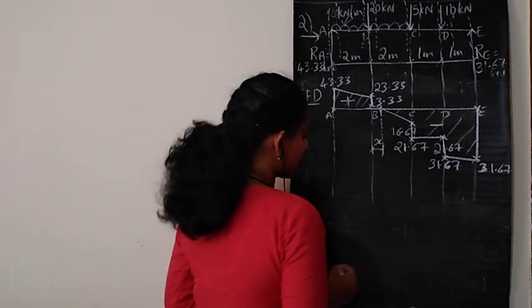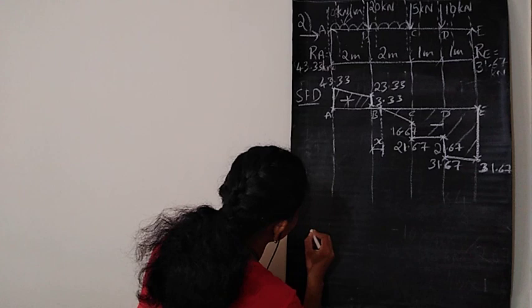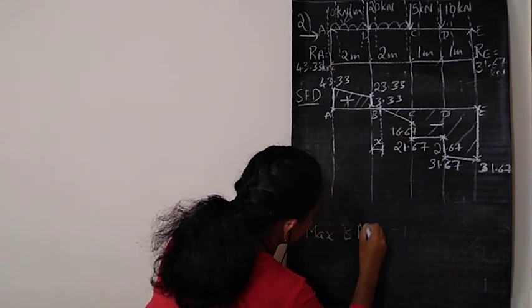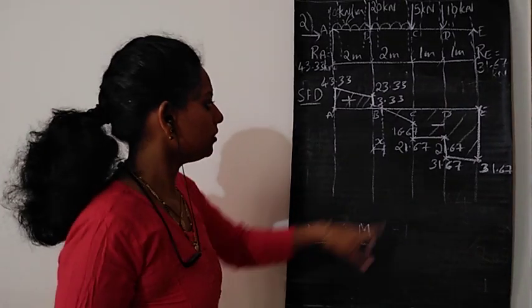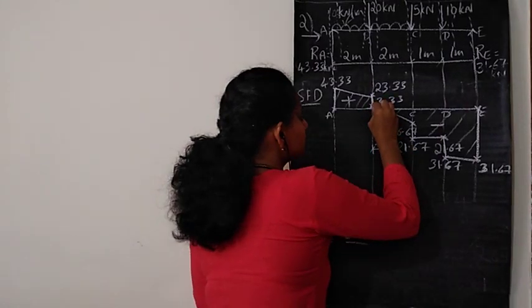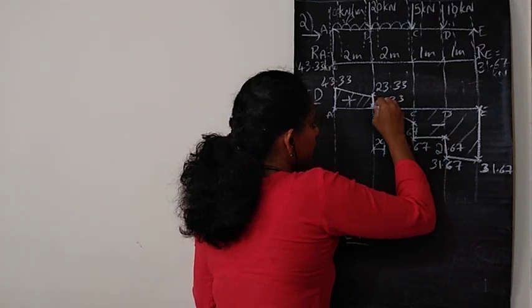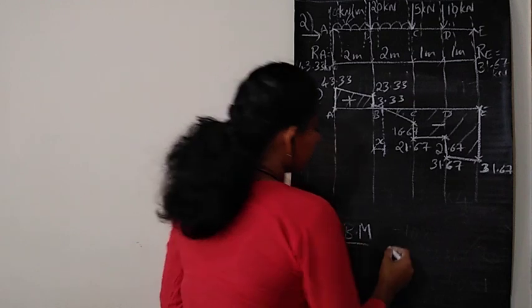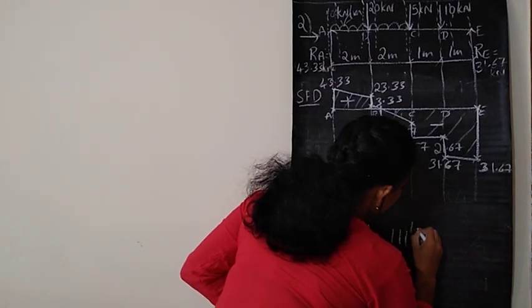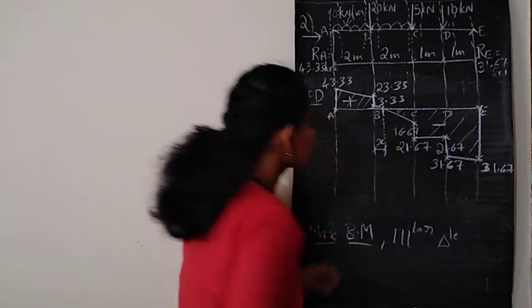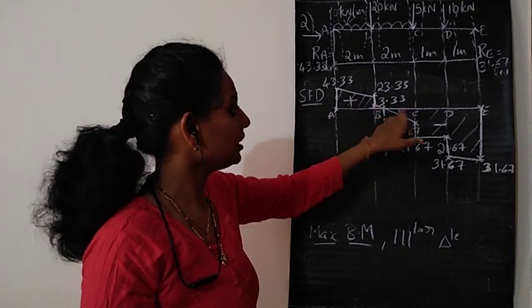So to calculate maximum bending moment, we'll have here similar triangle. Consider this similar triangle. This region and this region. According to that similar triangle, you can just divide the equal distance.